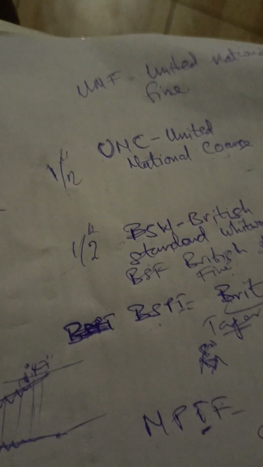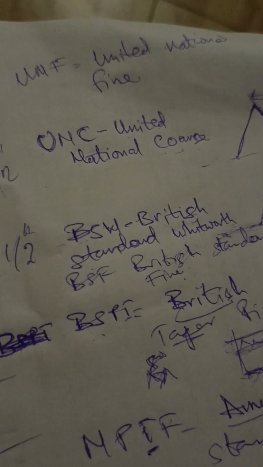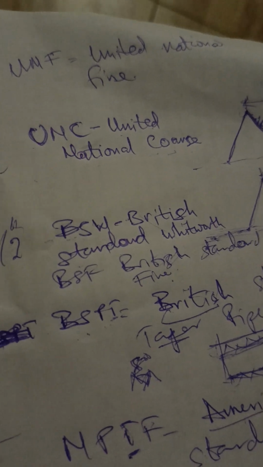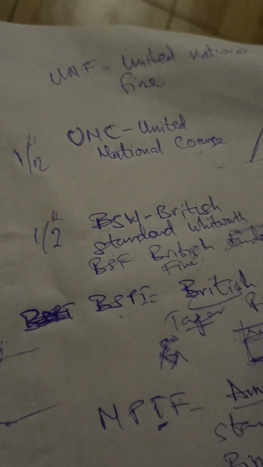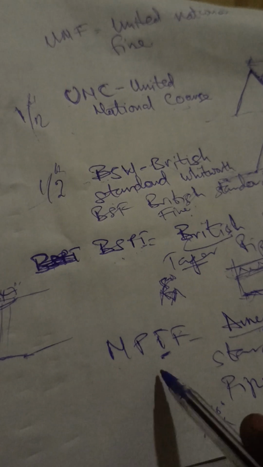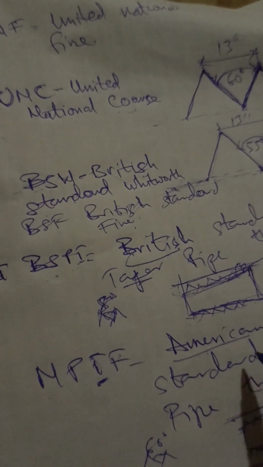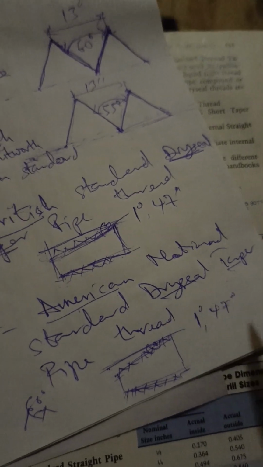That's the key word. Then I want to educate you on what they indicate on the tap. They say dry seal. This one too, that's the British Standard dry seal on the British Standard taper pipe thread, and this one too, the NPTF, is the American National Standard dry seal.